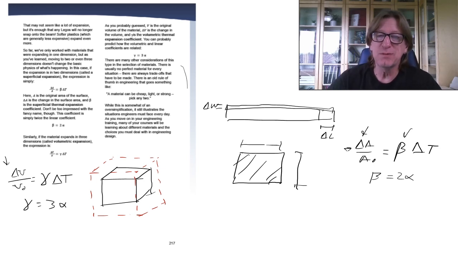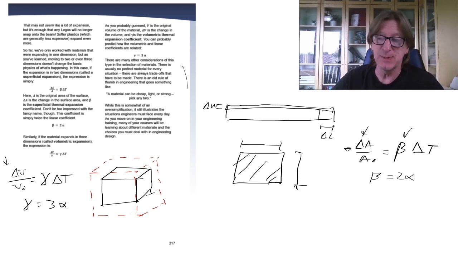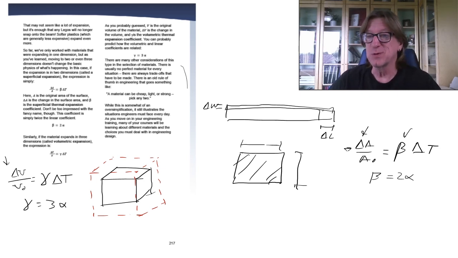So you could create a material that is both light and strong, like a nanocomposite or something like that, but it's going to be extremely expensive. Other than that, you can make it cheap and light, or you can make it cheap and strong, but that's pretty much going to be your only choices. So part of the art of engineering is not just developing the design of the structure, it's deciding what you're going to make that structure out of. And it's a consideration you have to keep in mind.